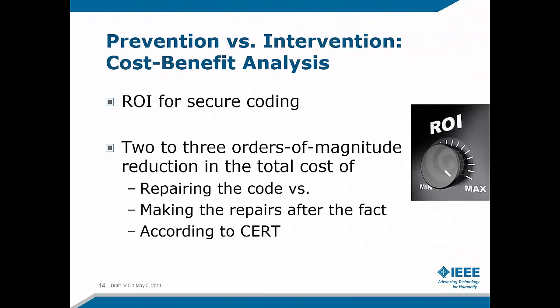We can think of secure coding in the context of prevention versus intervention and do a cost-benefit analysis. In fact, ROI, or return on investment, for secure coding is pretty high. According to CERT, Computer Emergency Response Team, the ROI for secure coding is 2 to 3 orders of magnitude reduction in the total cost of repairing the code versus making the repairs after the fact.